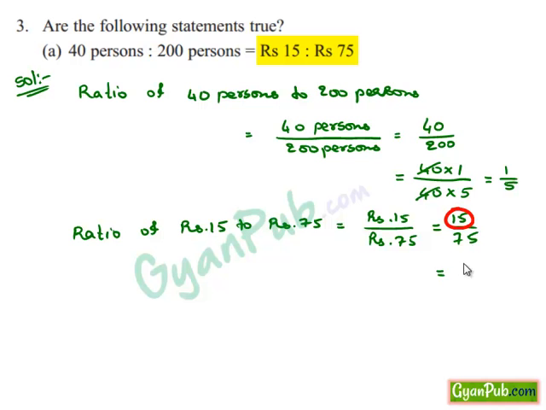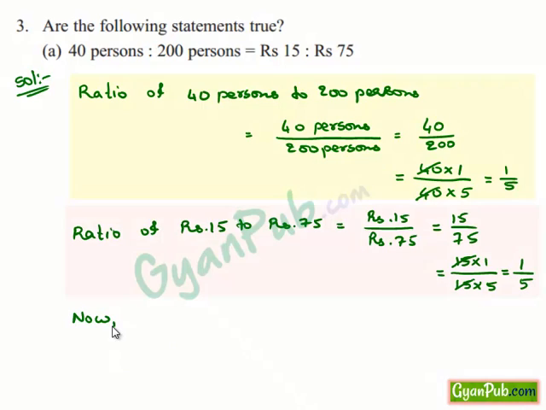Here 15 can be written as 15 times 1 and 75 can be written as 15 times 5. So 15 in the numerator and 15 in the denominator gets cancelled, which gives the ratio of rupees 15 to rupees 75 as 1 upon 5.